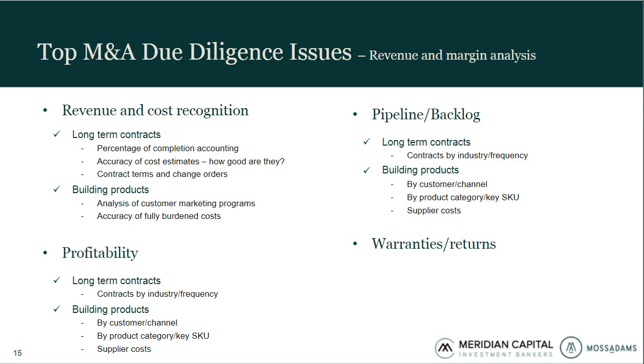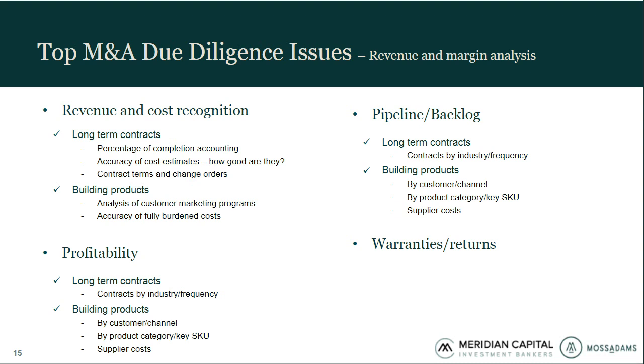I'm just going to touch on some key areas that we see come up all the time for revenue and margin analysis. This is a critical area for any buyer, whether it's a strategic or private equity buyer. They always want to have a really in-depth understanding of where the revenue is coming from, where the profit is coming from, the risk of certain customers, and the risk of certain contracts.